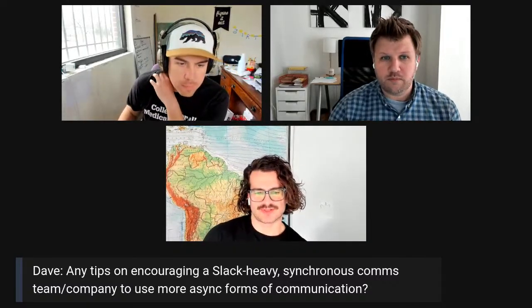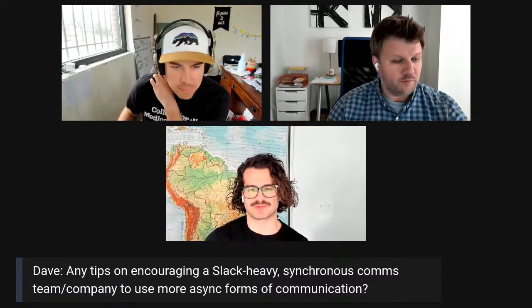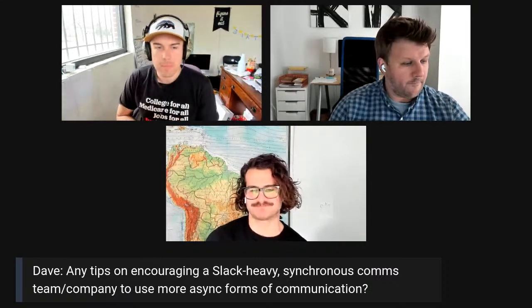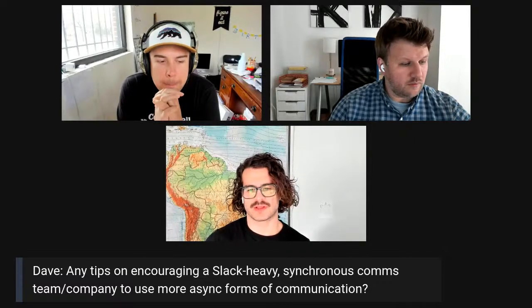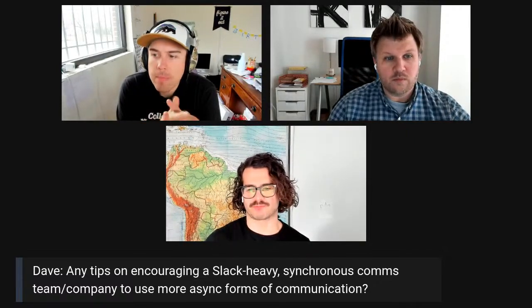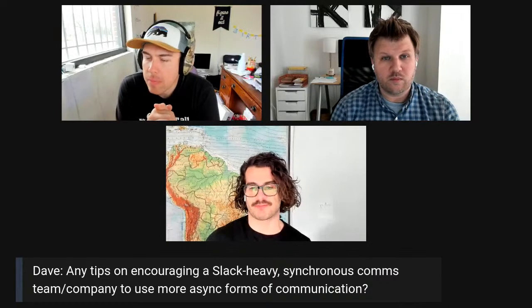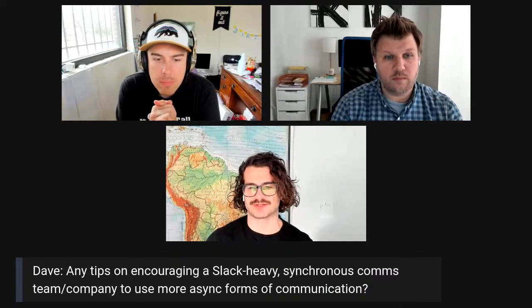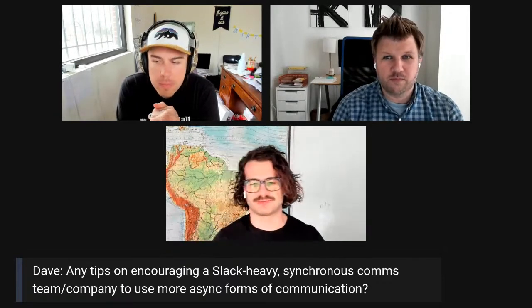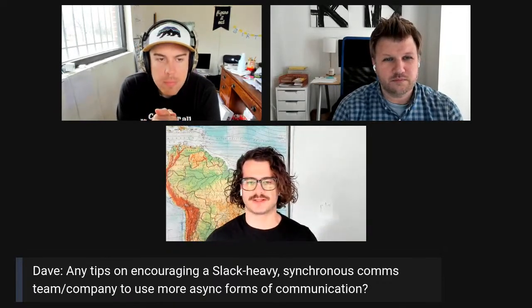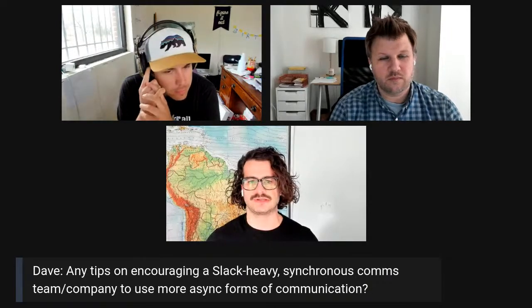Slack-heavy, synchronous comms company: how do you get the team to use more async forms of communication? I would say a good place to start is to just pick some particular aspect of communication that you can move there, and maybe one that benefits especially from long-form or slow-time communication.